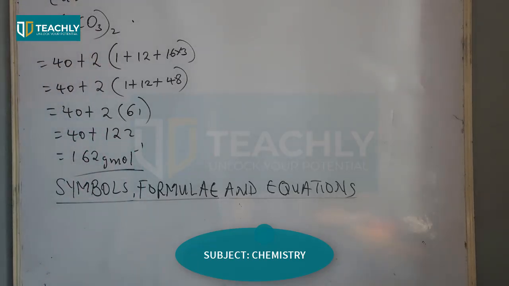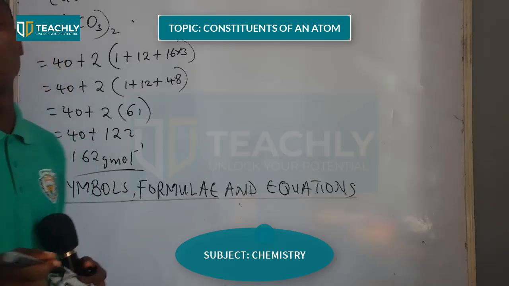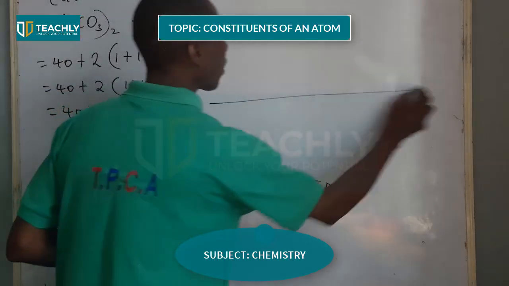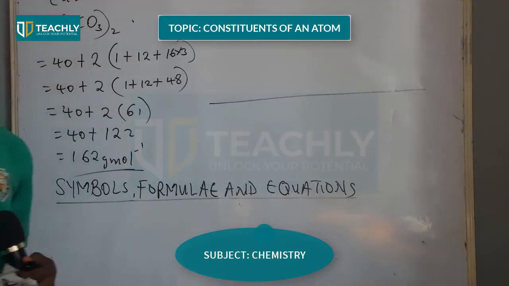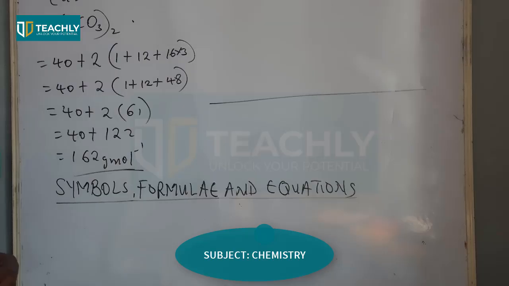The letter we use to represent an element in a periodic table. A periodic table is a kind of table where elements are arranged periodically based on what? Their atomic number.